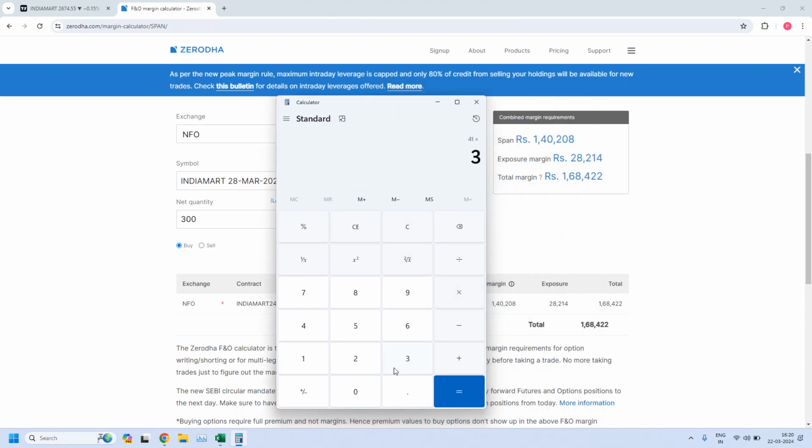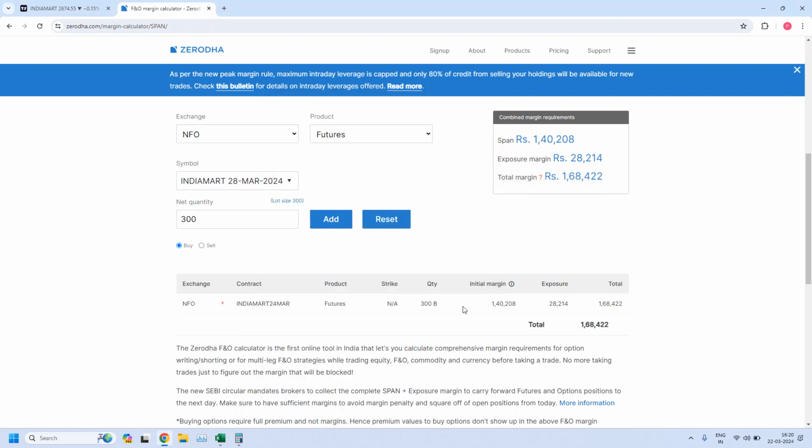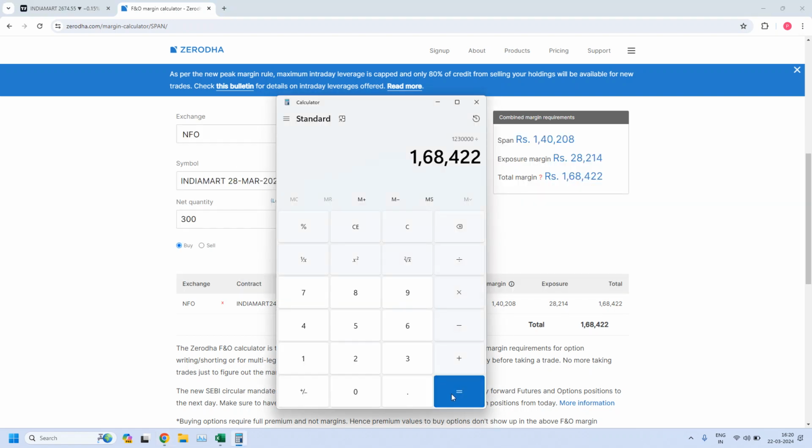So 41 into 300, you would have got 12,300 profit. What is the ROI? 12,300 into 100 divided by 1,68,422, which is your capital. 7.3% is your ROI. You got 7.3%.